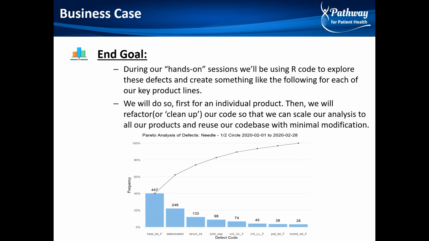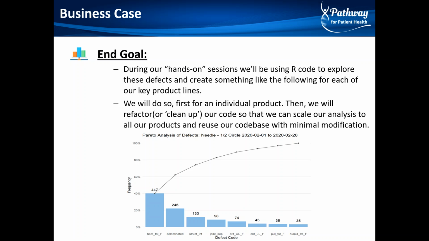Now, the way that a Pareto analysis works, it's based off of what they call the 80-20 rule, and that is, it's not necessarily a perfect rule, but it is the idea that 80% of any problem or any gains or any increases in efficiency can be accomplished by tackling 20% of the opportunities available to us.